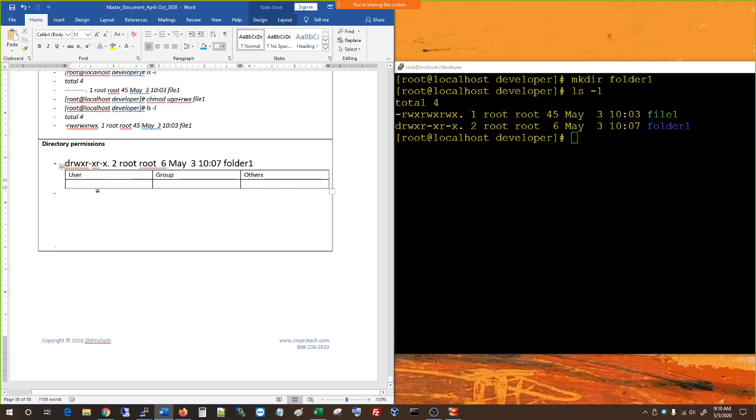So what permissions do we have for user here? Anybody? drwxr. Yeah. Okay, so user is read, write, execute, and group is read, execute, and others read, execute.